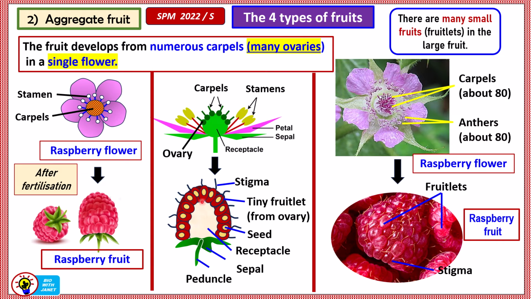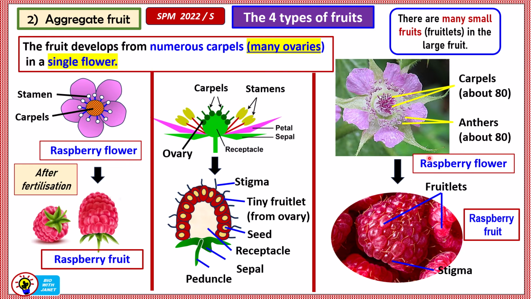And the receptacle is in the center here, but it's not the receptacle that develops. It is the ovary that develops into the fruits, the juicy fruits. The receptacle in the center here. And then we have the peduncle, the fruit stalk, or the flower stalk, and then the sepals are below. Okay, so that's how the raspberry fruit is formed.